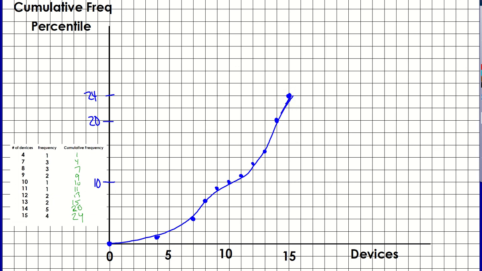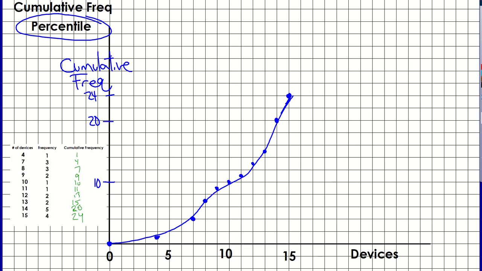There we go. So I'm going to go ahead and label this the cumulative frequency, and then the number of devices. What's probably more useful than just the cumulative frequency graph is to actually go ahead and put percentile on this graph as well.